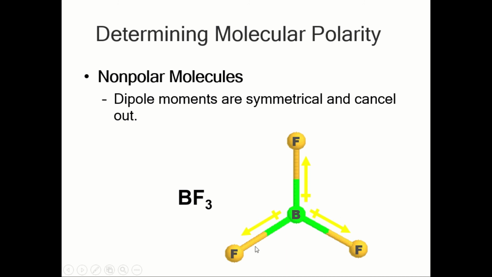It's the same here, pointing towards the fluorine because it is the most electronegative of the two. That is why, as we can see, the arrows are in opposing directions, and the dipole moments will cancel out.